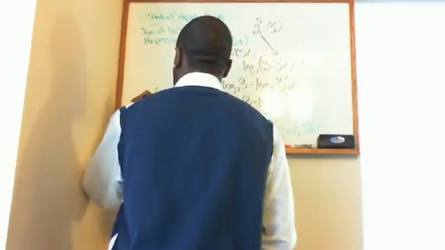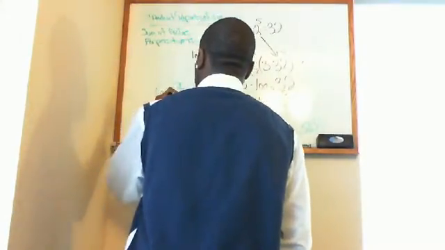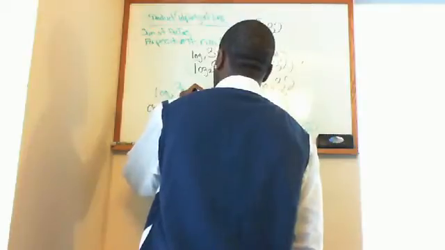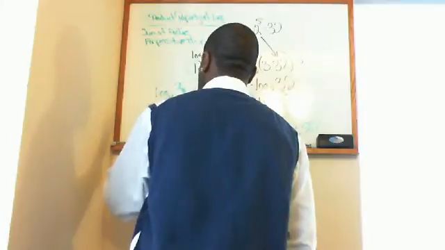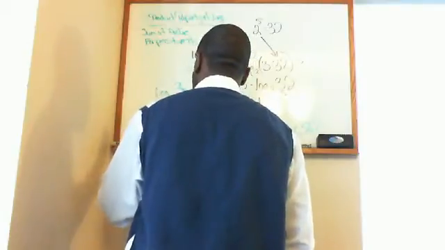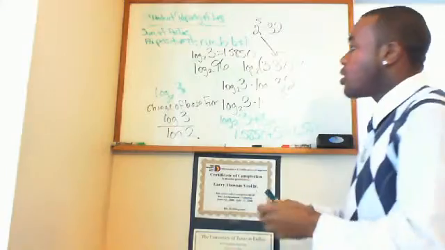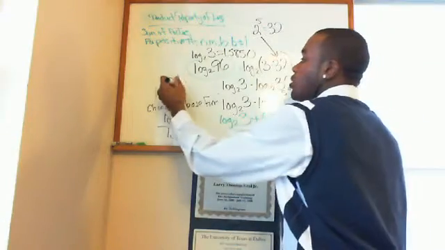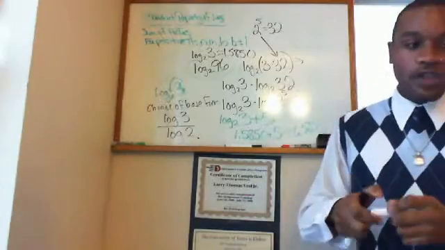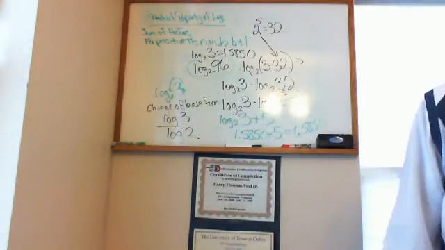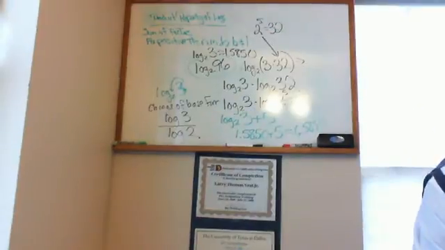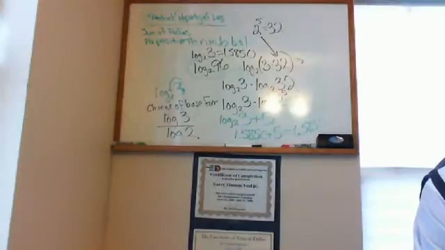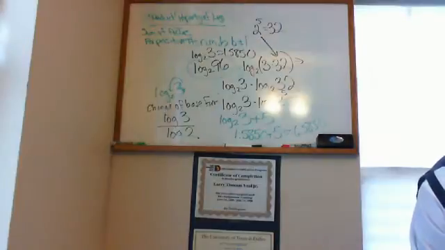We'll learn about that maybe a little bit later, but the change of base formula is log of 3 divided by log of 2. You always take the log of the outside number first, then do the log of the inside number second. Okay, that's how you do the change of base. Does that make sense? All right, cool. Sounds good there. Do one more example. I think that might be enough for the video here.